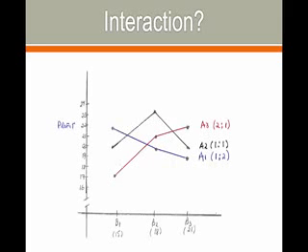I can say in the case of 15 tons, what would be the best ratio? If we look at the 15 tons, the profit is the highest when I use the ratio 1 to 2. In the case of 18 tons, the best ratio would be if I use A2, 1 to 1.